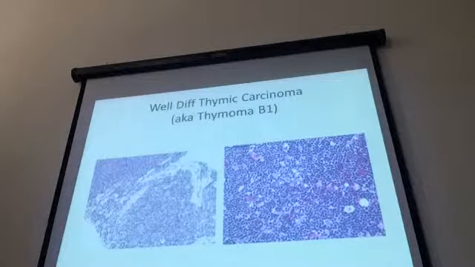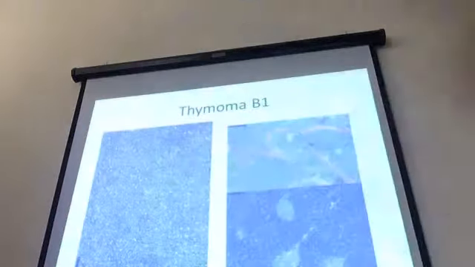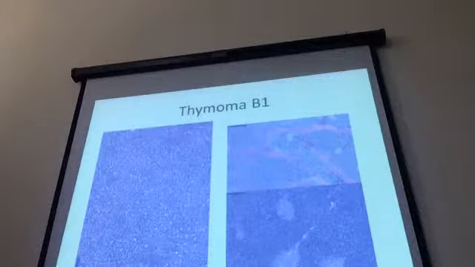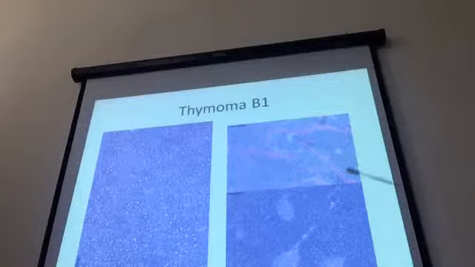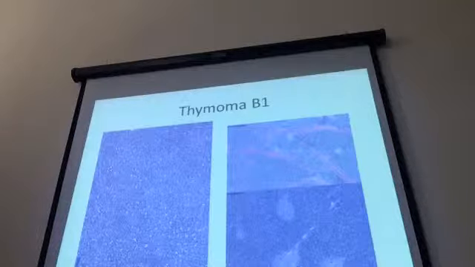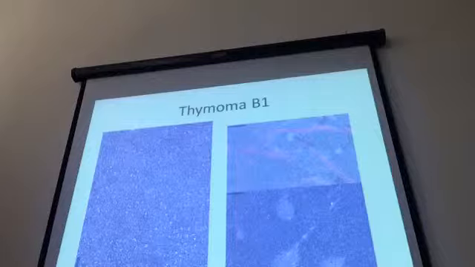Okay, type B1, mostly lymphocytes. Looks a lot like lymphoma even. A lot of small blue cells. It's very hard to see the epithelium, especially at low power. So with this type of thymoma, we're often not thinking of epithelial tumor. We're thinking lymphoma, benign thymus, or something like that.